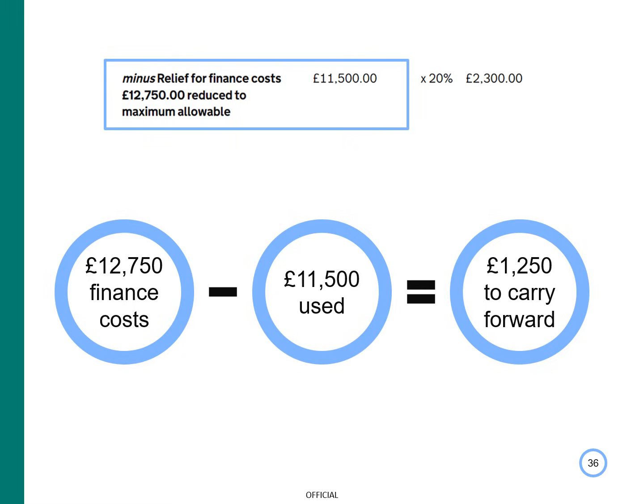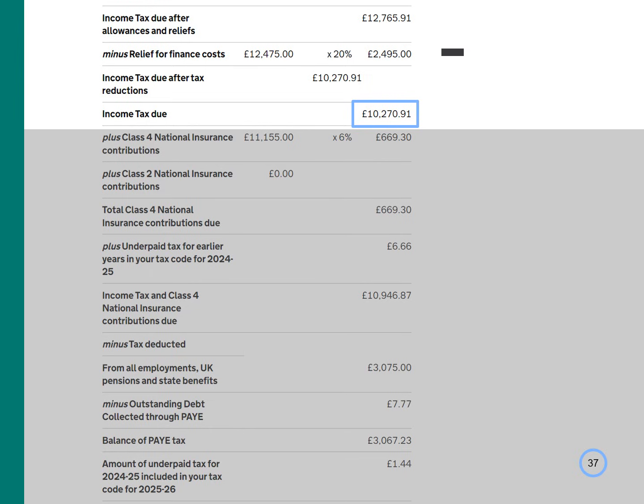The amount not used for the tax reduction, in our example £1,250, can be carried forward to be used in the next tax year. The relief for finance costs is taken off the income tax due after allowances and reliefs to give the income tax due. You can find out more about this in our webinar, the UK property section of your online tax return.